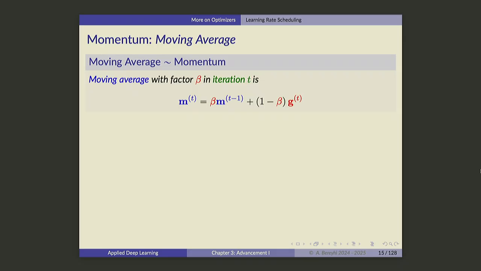So essentially you're doing a weighted average with higher weights for the more recent values? Exactly. That's correct. It depends on the beta. In practice, we choose beta to be close to 1, like 0.9. And this means that you are giving more weight to your current momentum.